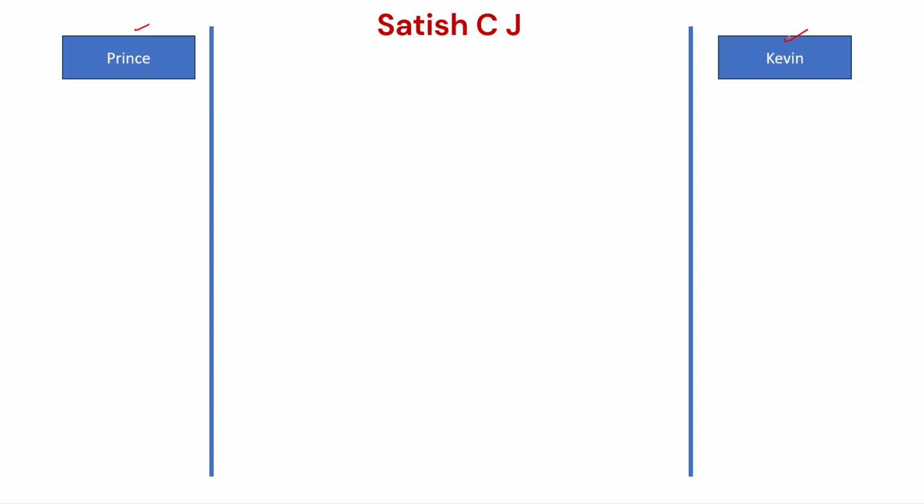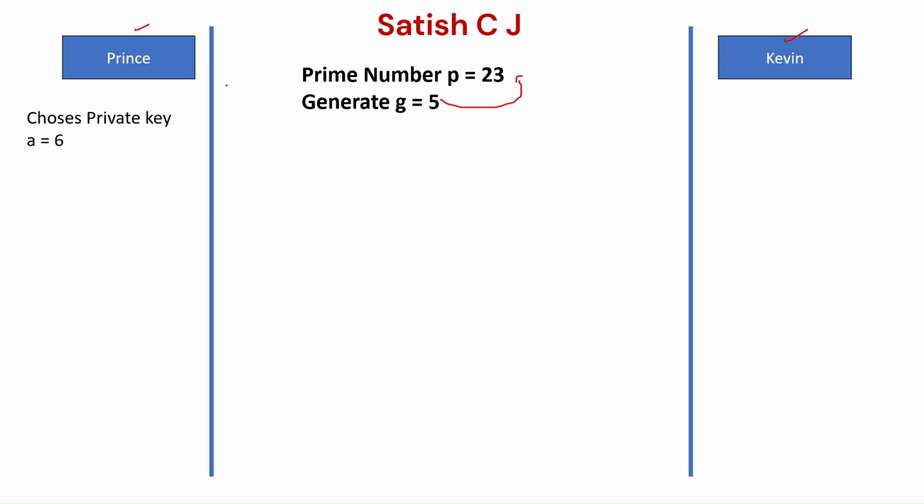First thing is both of them should agree upon a key, and this is a symmetric key. So they are going to use the same key for encryption and decryption. How this starts is they first agree upon a prime number and a generator, which is a primitive root of this prime number. This is in the public domain. Both Prince and Kevin agree upon this data. Next, Prince chooses a private key.